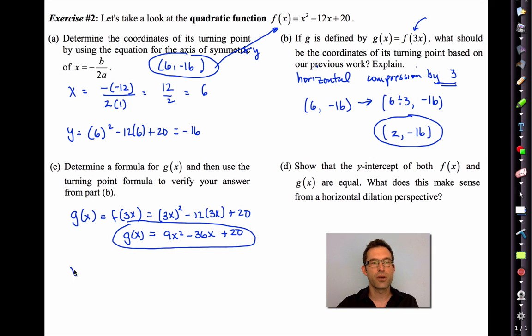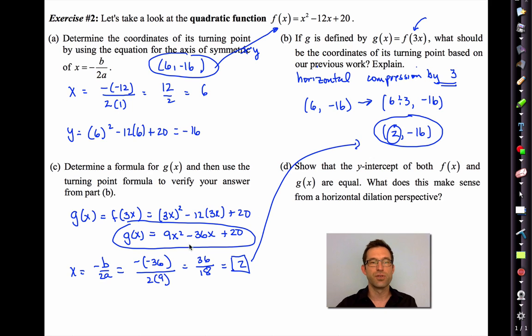And let's find its turning point. x equals negative b divided by 2a. That's going to be negative 36 divided by 2 times 9. That's going to give me a positive 36 divided by 18. And that's 2. Awesome, because that was 2.